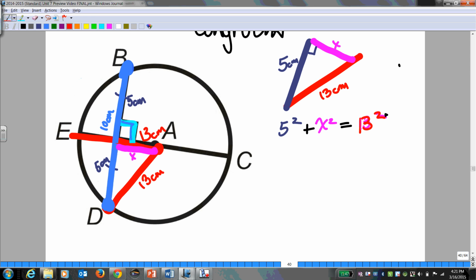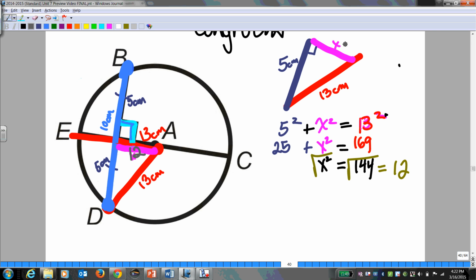Yes, you may use a calculator just for speed's sake, but I'm going to probably beat you by the time you finish with your calculator, because I know my perfect squares. So we just found that x is 12.